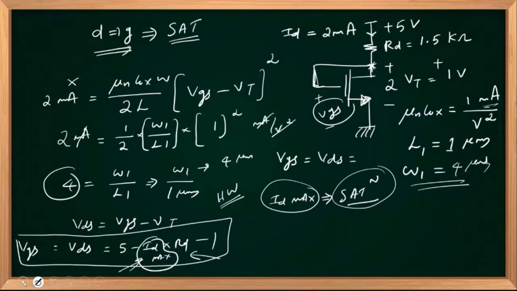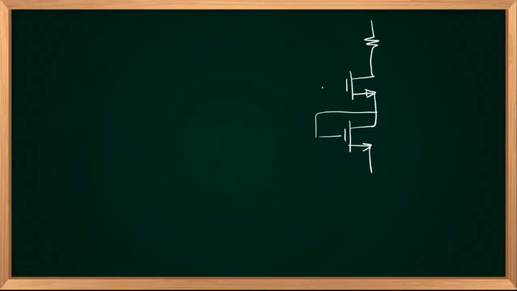Right. And let us get into another circuit that we will feel is a complex circuit, but that is actually simple. Let us see that. Two transistors, both operating in saturation because both gate and drain are connected together.